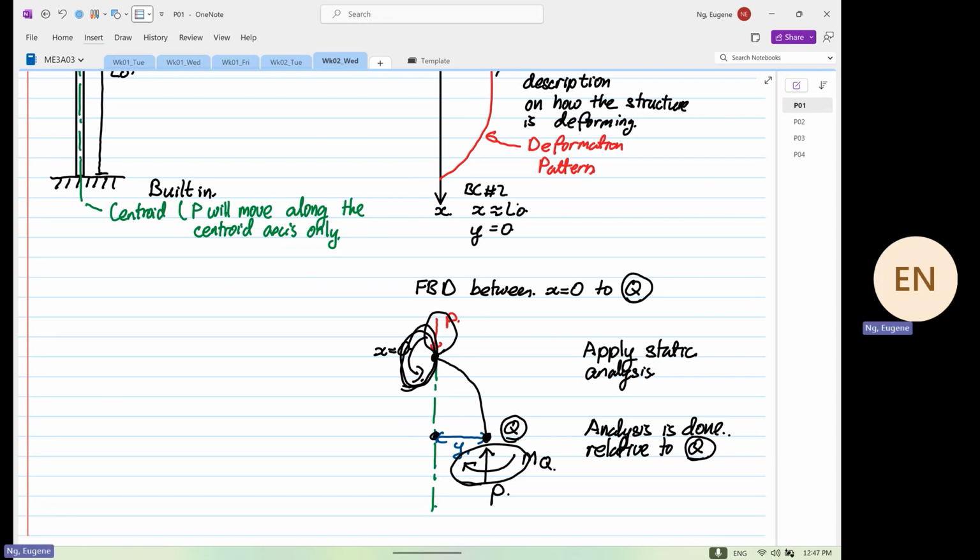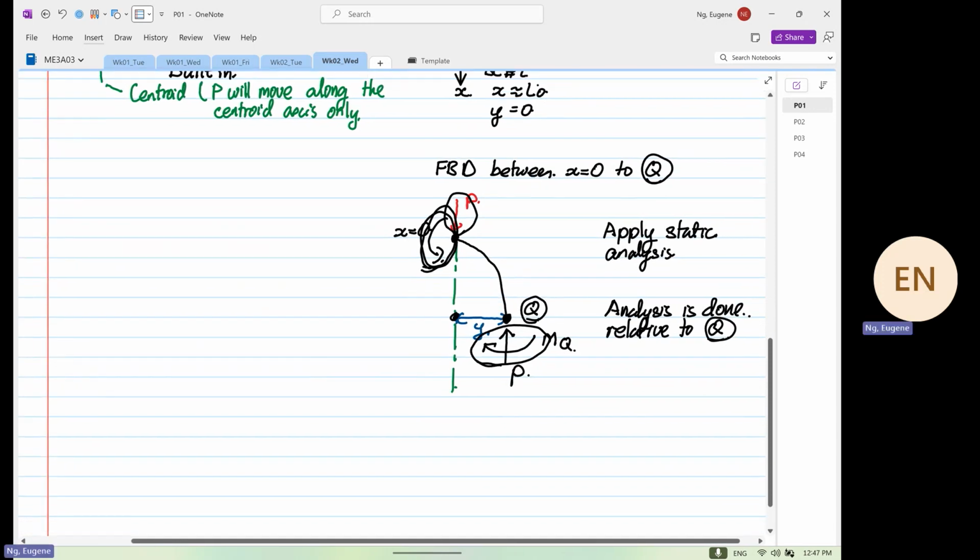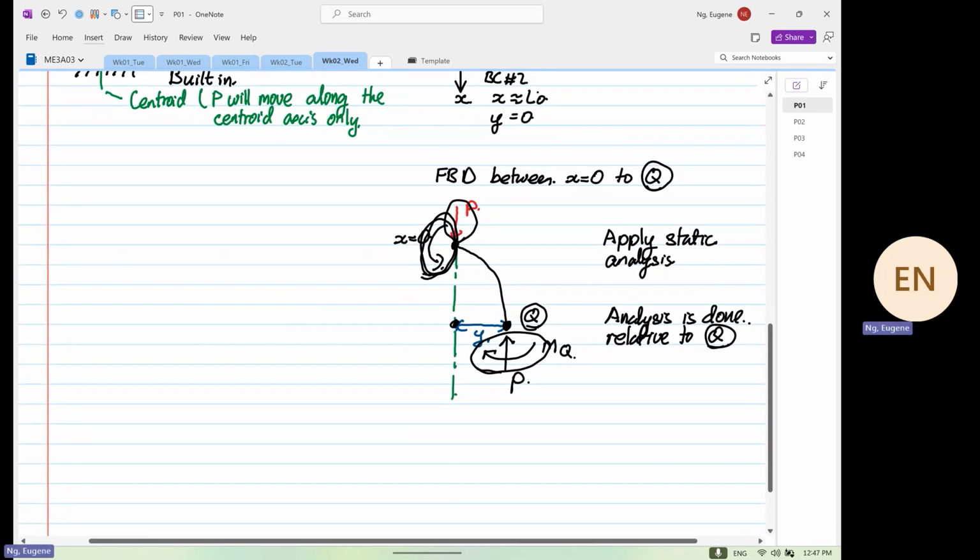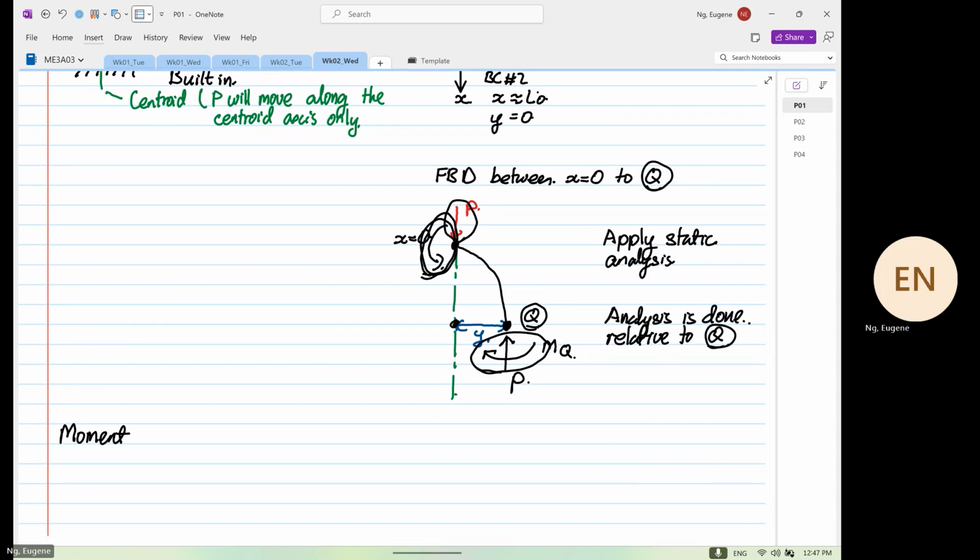Because I'm going to write the next statement, which states that the moment at point Q is equal to minus Py. We are focusing on the analysis at point Q.